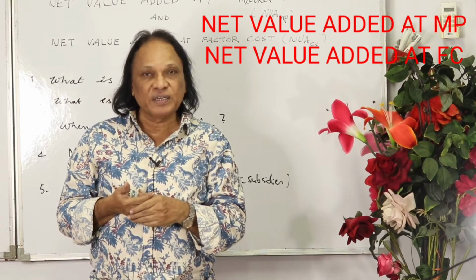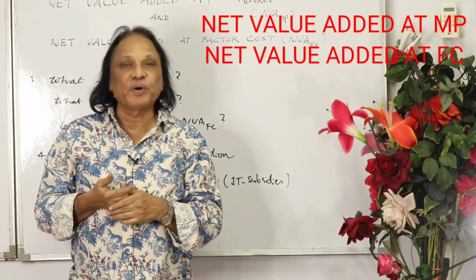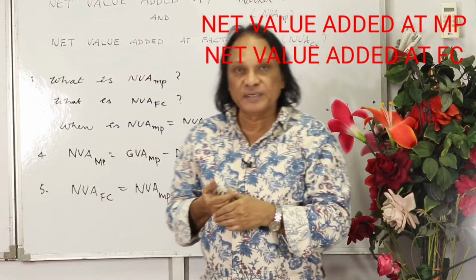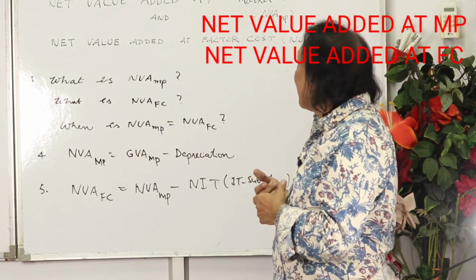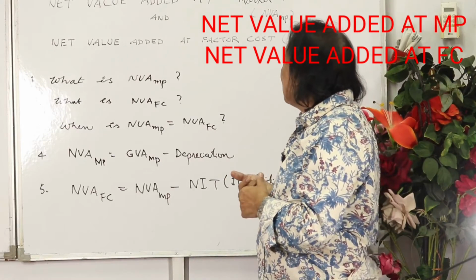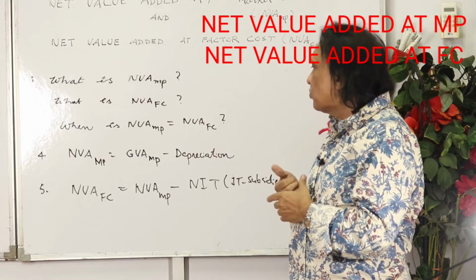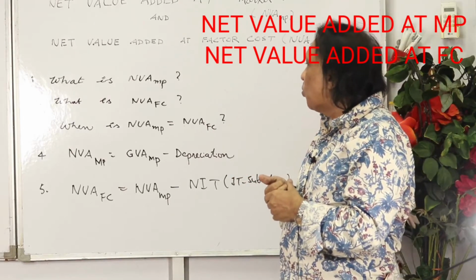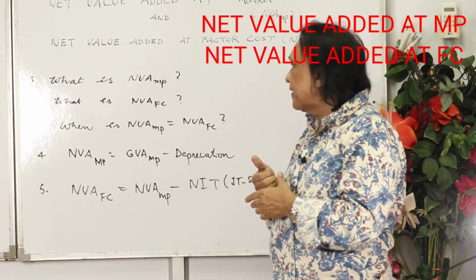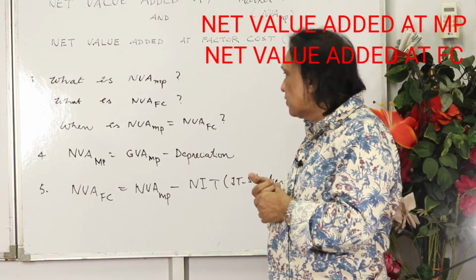Today we will be discussing National Income Accounting of Macroeconomics, another very important topic: net value added at market price and net value added at factor cost. We will discuss five questions today. What is net value added at market price? What is net value added at factor cost?